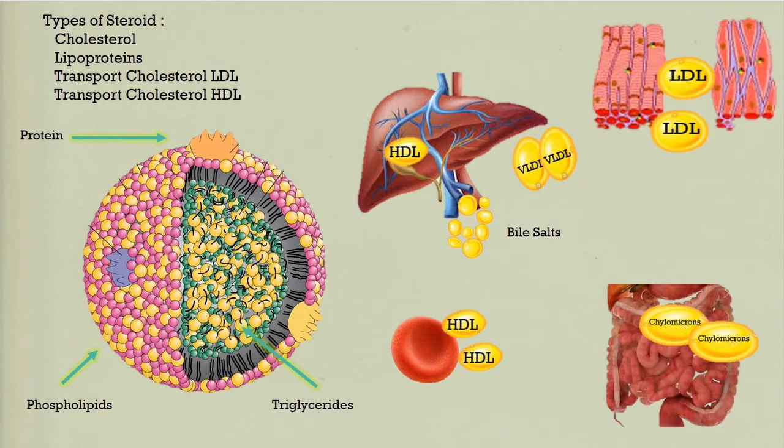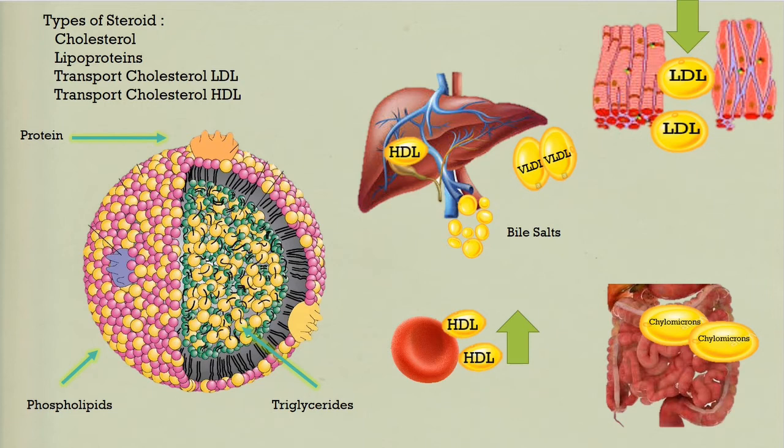Now, on top of this, it is always a good idea to know that it is always desirable to have a high level of HDL and a low level of LDL.